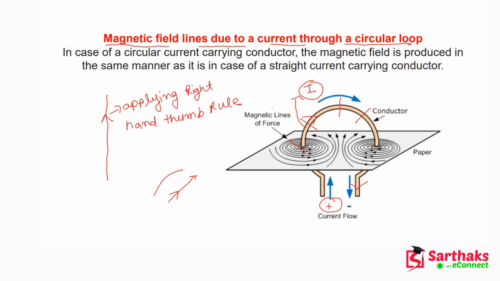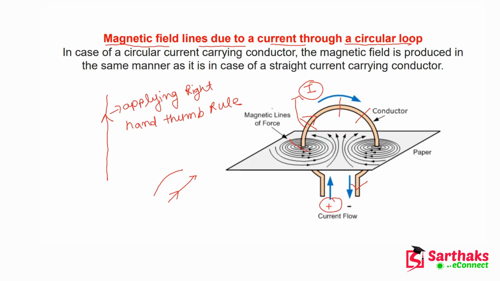So we can find out the direction of magnetic field in this straight conductor because we know the right hand thumb rule. We can simply apply it here, and we will get the direction of magnetic field lines. So let me apply the right hand thumb rule here.